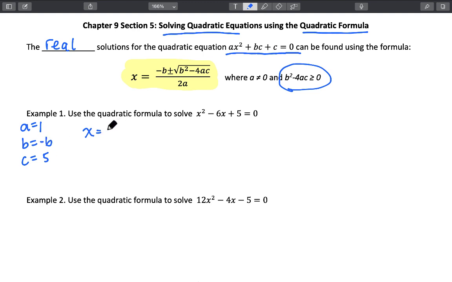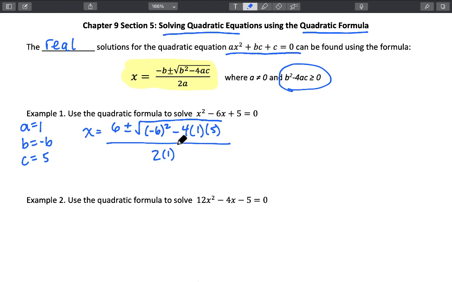So that's the opposite of negative 6, so it's positive 6, plus or minus the square root of our b squared. Now I'm going to put that b squared in parentheses here, negative 6 squared, minus 4 times my a value times my c value. Okay, now that's all being divided by 2 times our a value.